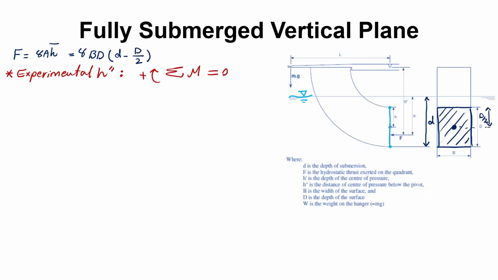And if you write it again, you are going to reach the same equation, exactly the same as the previous slide. The only difference would be that this time F that is here should be calculated using this equation. That's the only difference from the previous slide. And then we are going to go ahead and calculate a theoretical h double prime as well.